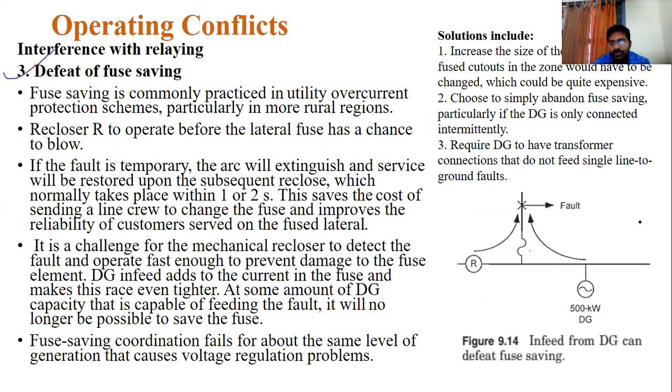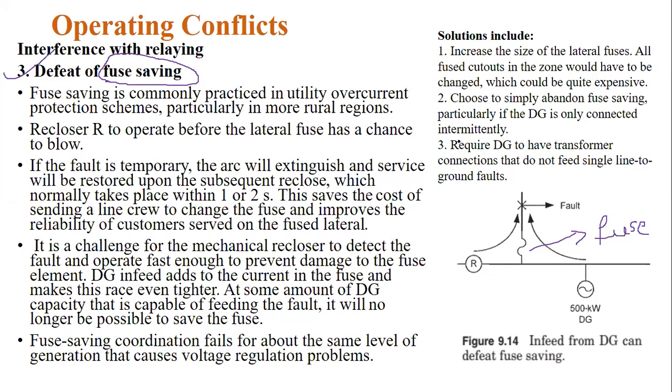The name itself gives some answer: fuse saving, how we can save the fuse from the overcurrent. Remember, we are talking about these three categories of faults or problems based on overcurrent protection only. Remember this one, overcurrent protection.